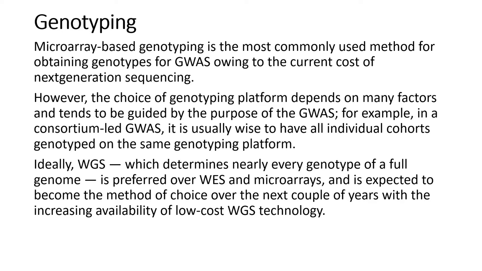So for genotyping, we can use a microarray based method. You are already familiar with this method. Microarray genotyping is the most commonly used method for obtaining genotypes for GWAS, owing to the current cost of next generation sequencing. We can combine this with next generation sequencing.